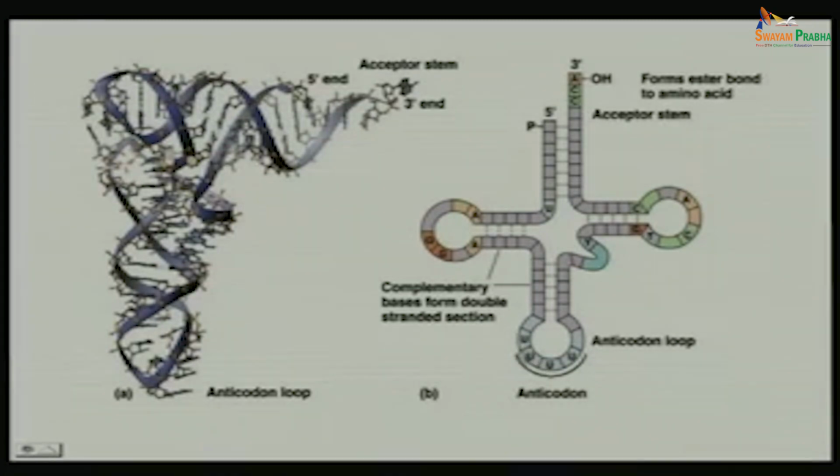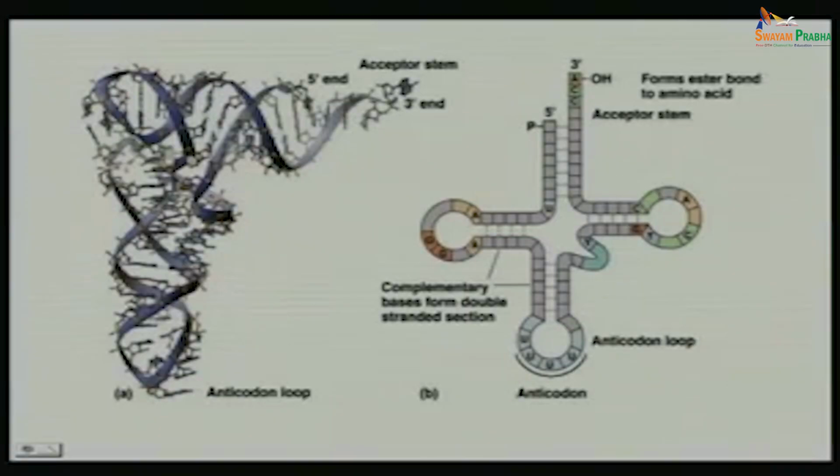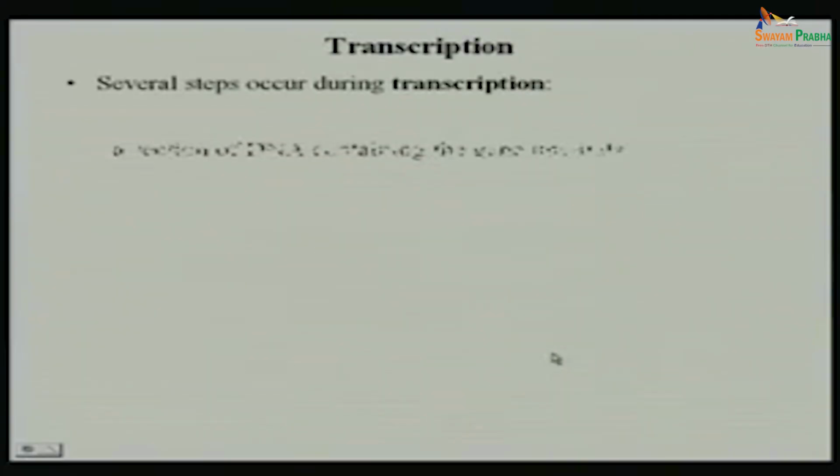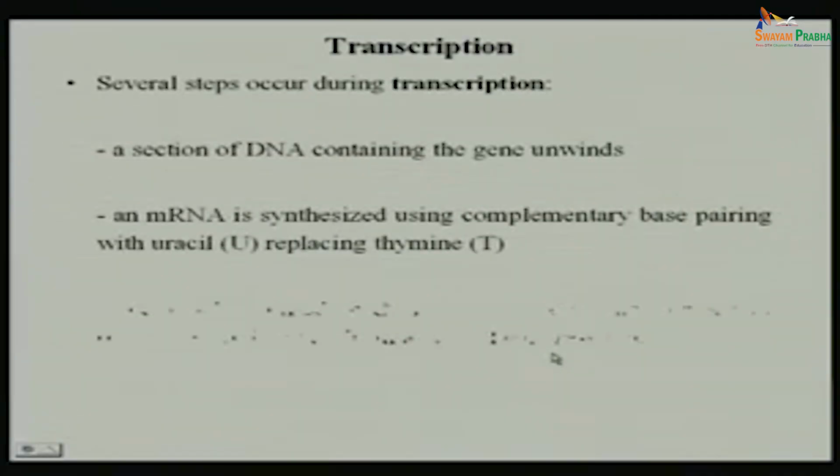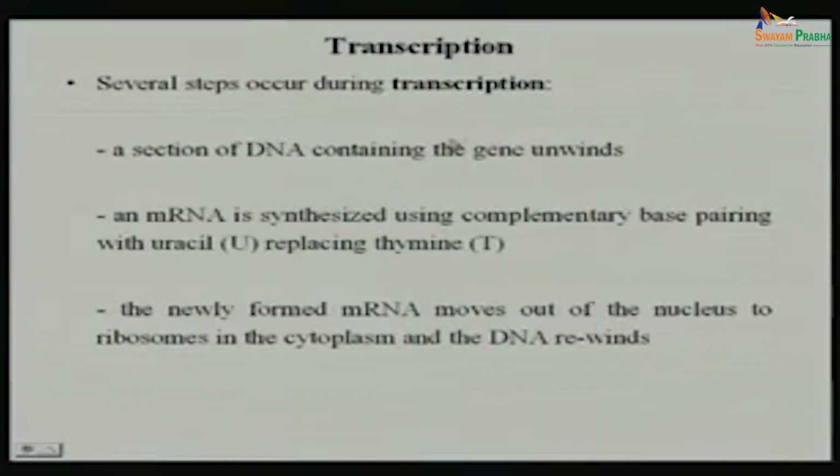It senses the messenger RNA which is coming with the polysome, and it is sensing the amino acid for that particular mRNA. This is the importance of this particular tRNA, and it brings the amino acid to that particular site.